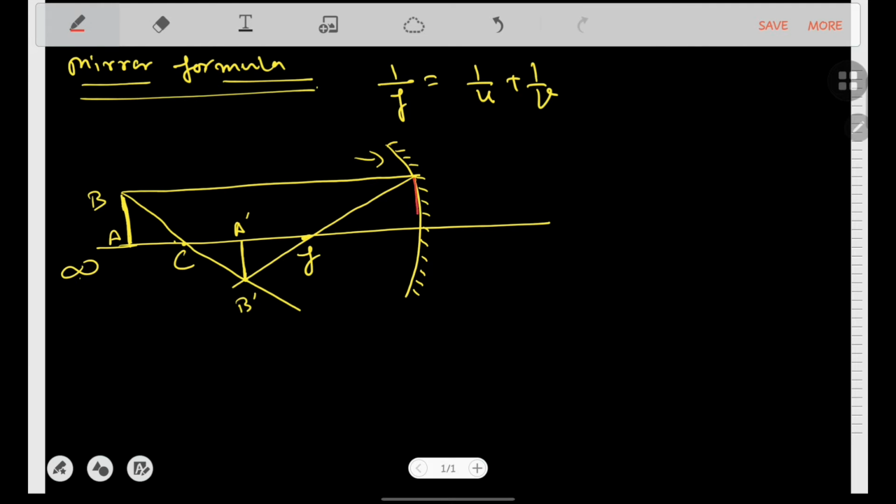That is why this line we can take parallel to the AB here. Since this line and this line will be parallel, obviously because it's parallel to the principal axis, coming from infinity in a straight line, that's why it will be parallel. So between the parallel lines we know the distance between the points will be equal. So here we have done this.